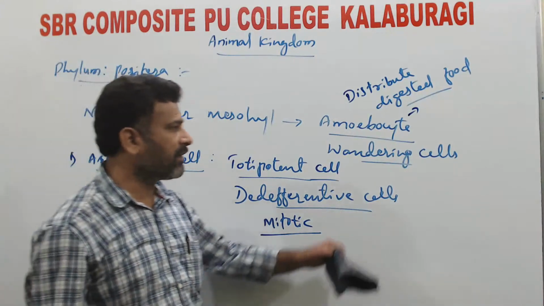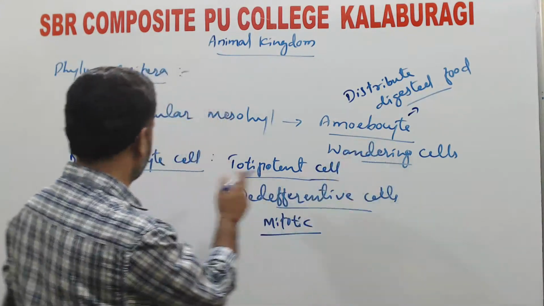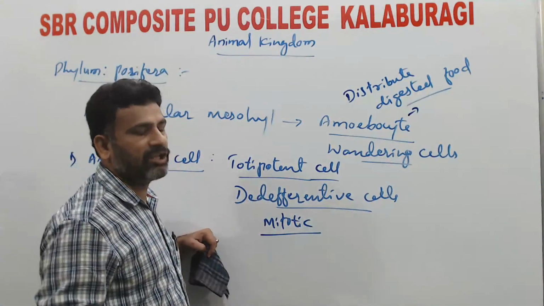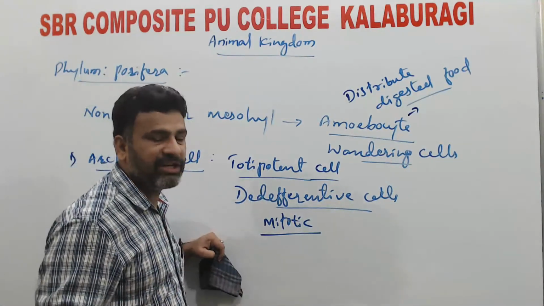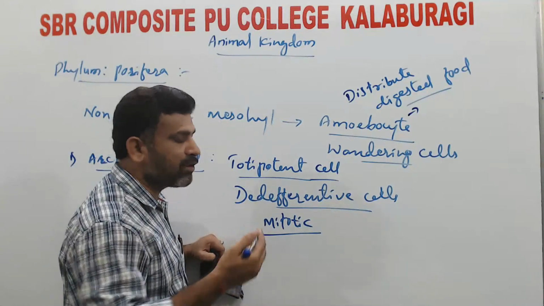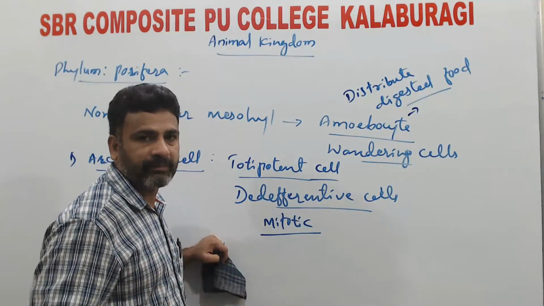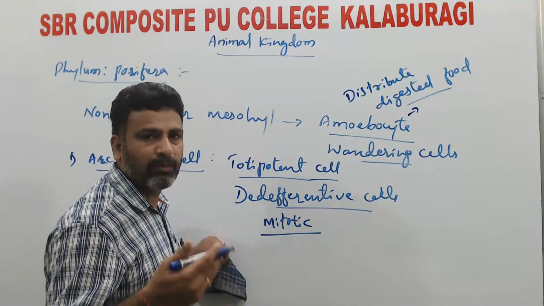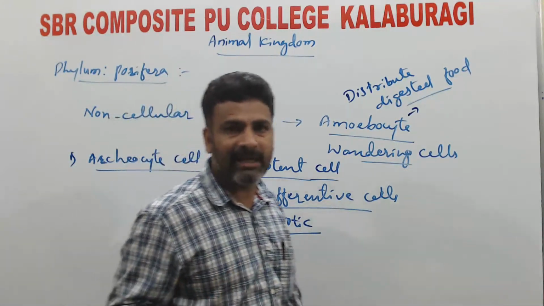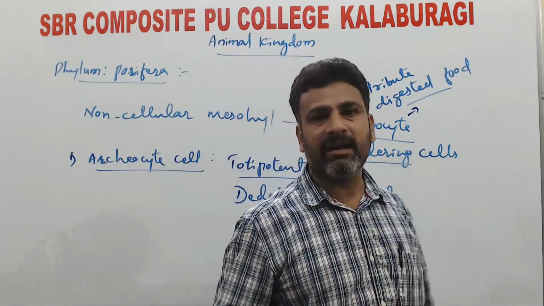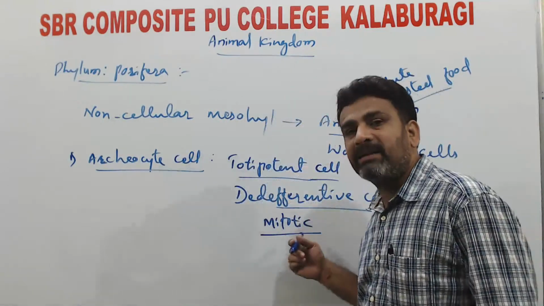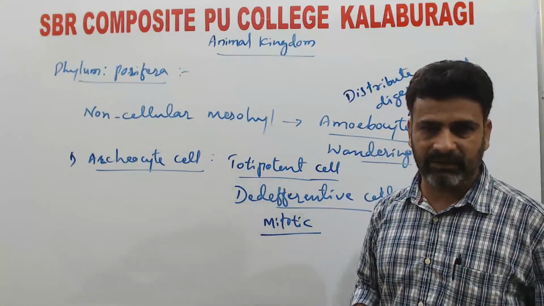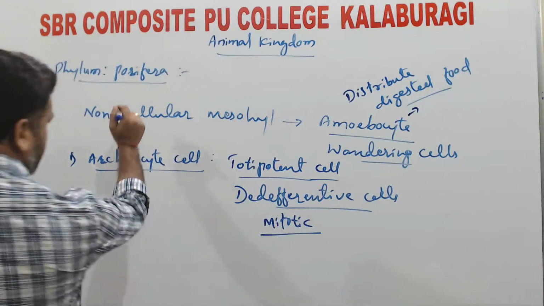But the archaeocyte cell has a totipotent nature. It is a dedifferentiative cell, so it keeps undergoing mitotic division and produces more and more archaeocyte cells. When these reach different parts of the colony, they get differentiated into different types of cells. So that is the archaeocyte cell.